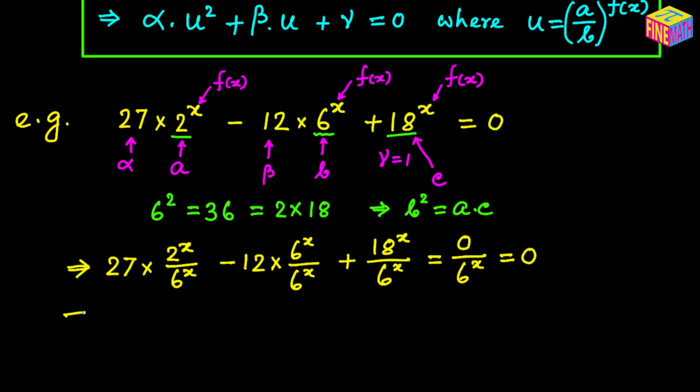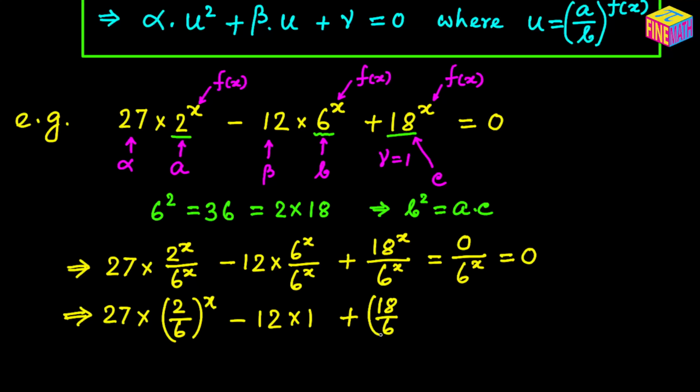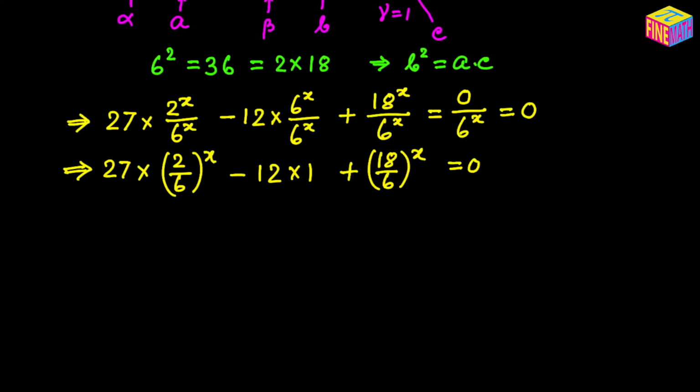And then from here we can say that, okay, this must be 27 times 2 over 6 whole to the power x minus 12 times 6 to the power x divided by 6 to the power x, that will be 1. So this is 12 times 1 plus here we have 18 divided by 6 whole to the power x is equal to 0.